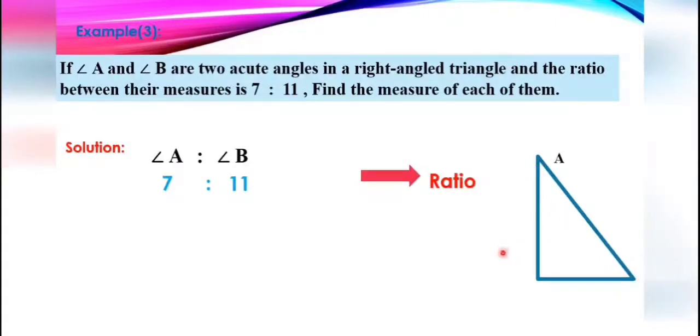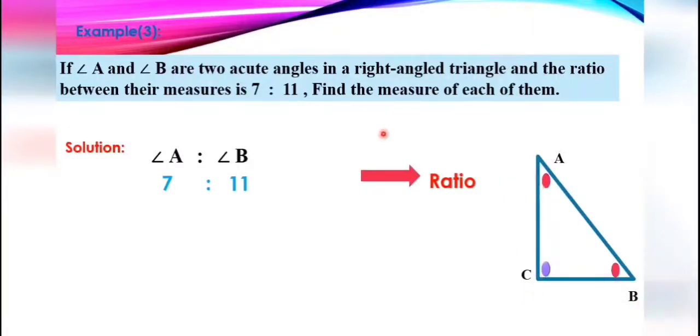But when I think of a right-angled triangle, A, B, and C, he said that angle A and angle B are two acute angles. So angle C is the right one.